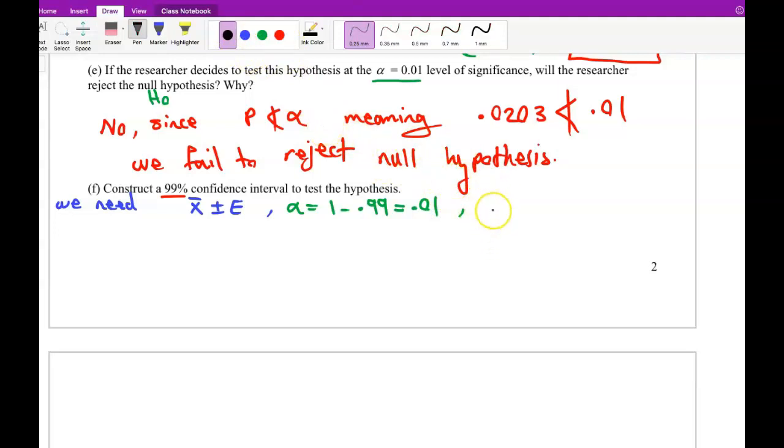Alpha divided by 2, 1% divided by 2, is 0.005.